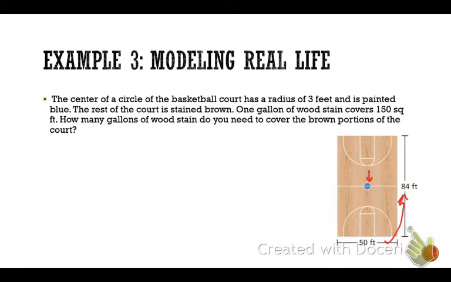But let's get specific, okay? So the first thing we're going to do is calculate the area of the entire court. All right? What shape is the court? It's a rectangle. What's the formula for the area of a rectangle? A equals length times width.